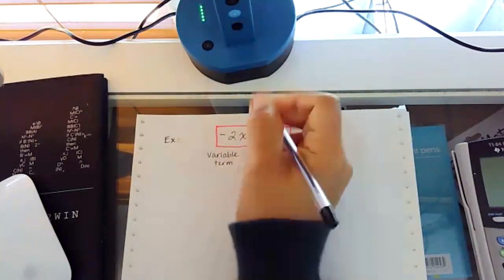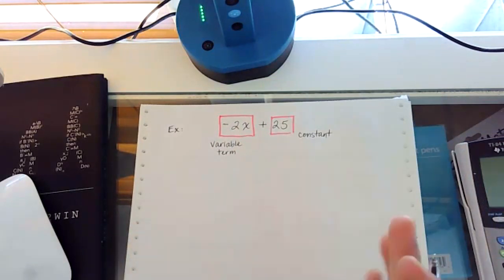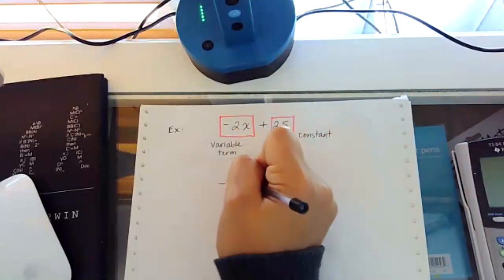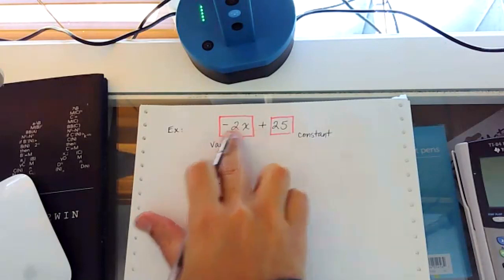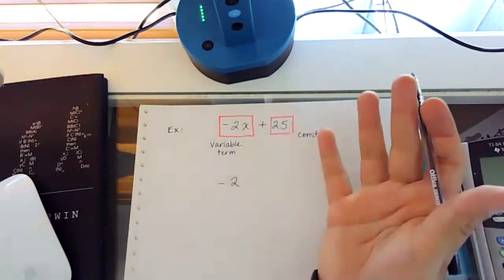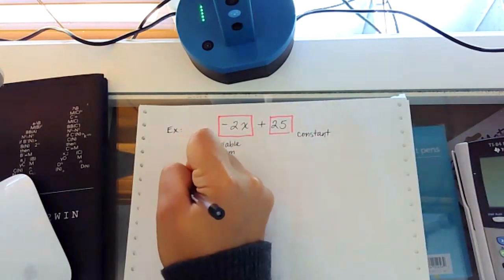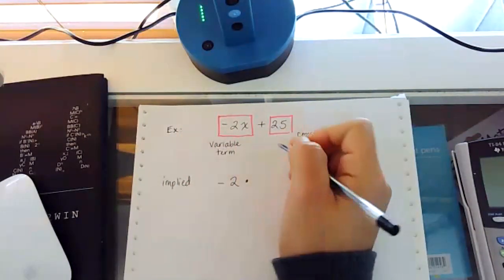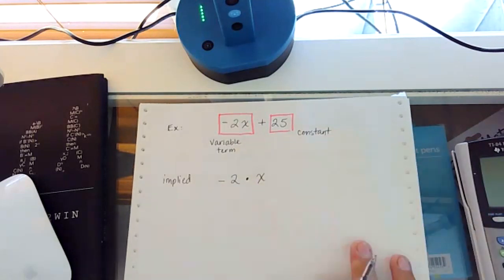And the variable term has two parts. And I sort of used this fact but didn't explain it, and I want to explain it now. The two parts of the variable term are this -2 that's in front of the letter, and what you don't see in between them is some sort of operation. But the implied operation is -2 times whatever the variable is, whatever the number that we're going to assign to the variable.